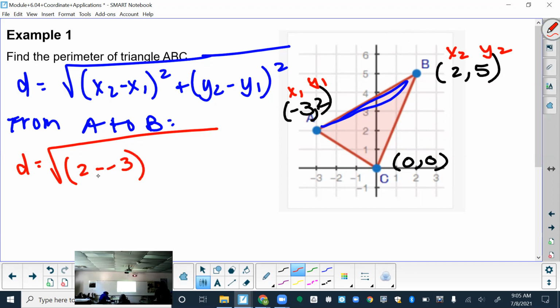I know I could probably clean this up a little bit, but I'm not going to. I'm going to put it all in my calculator at the same time. Then I have y2, so 5 minus y1, so -2, parentheses squared.